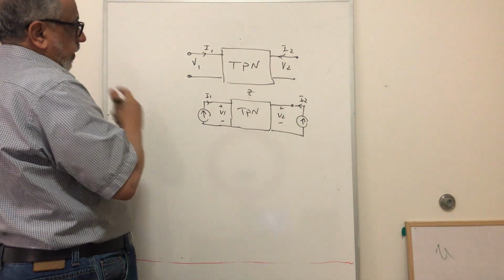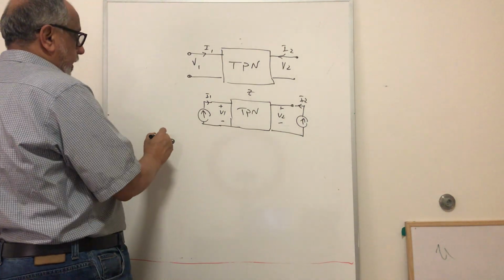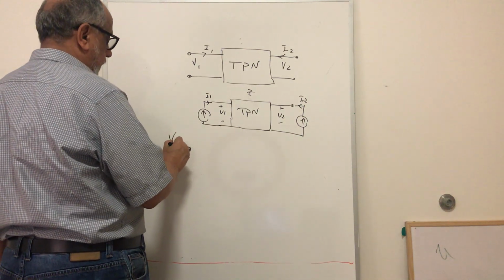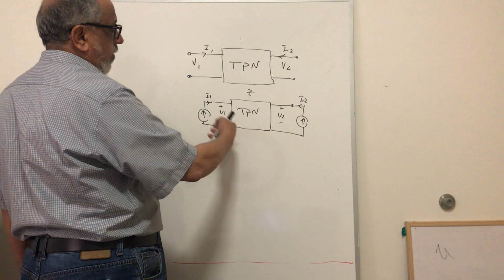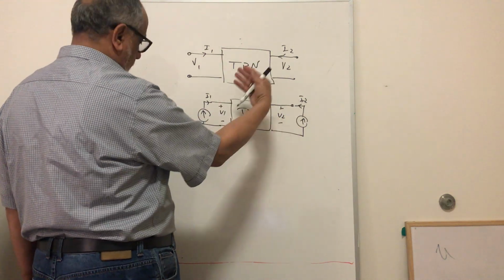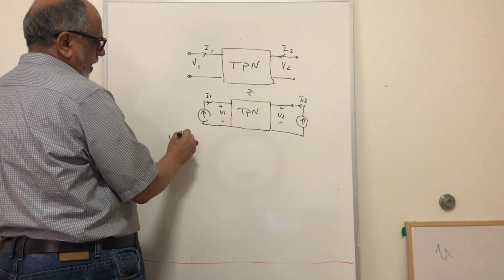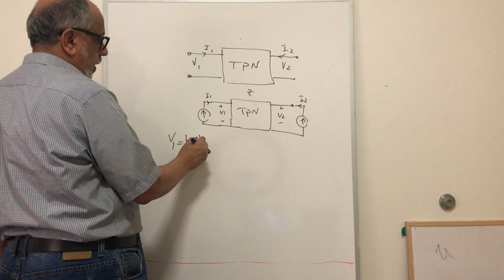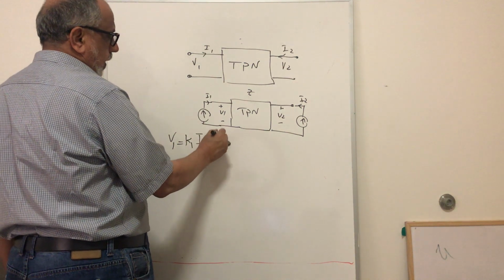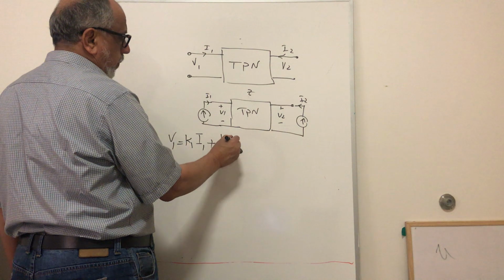Now we can use superposition, so V1 can be written in terms of I1 and I2. Let's say V1 equals K1 I1 plus K2 I2.